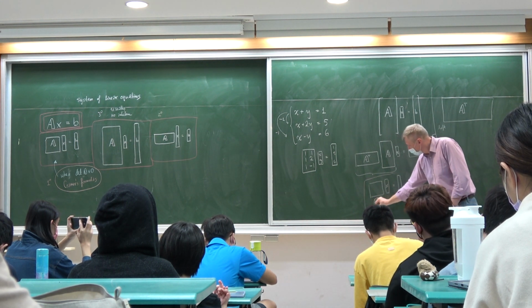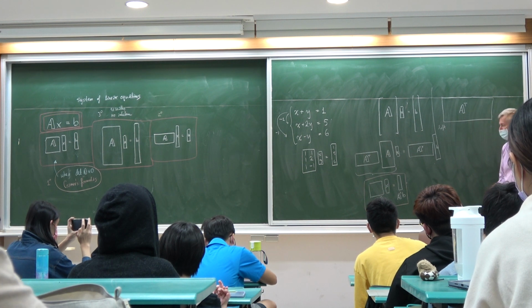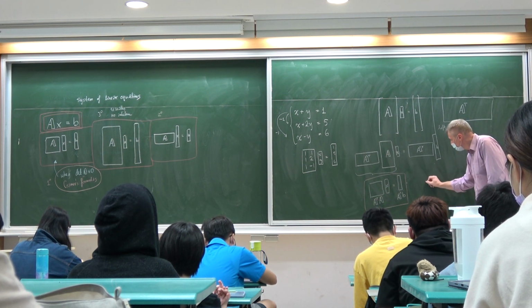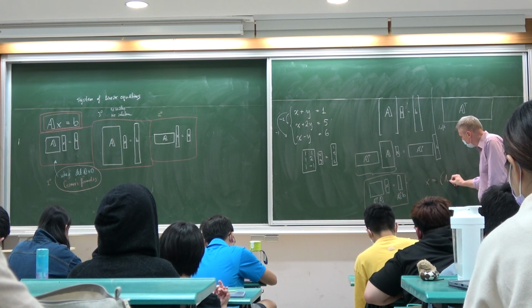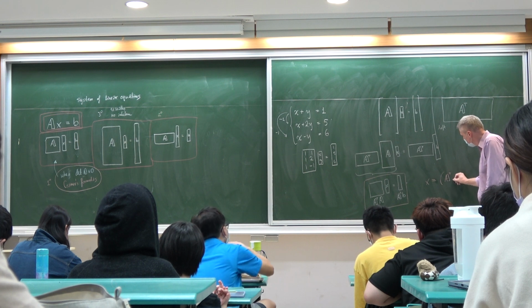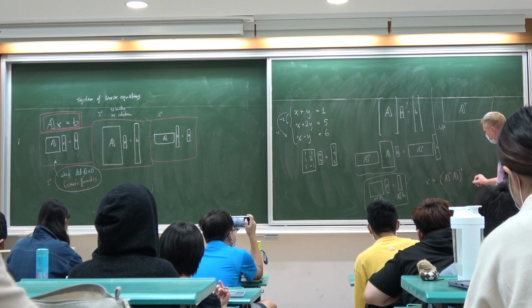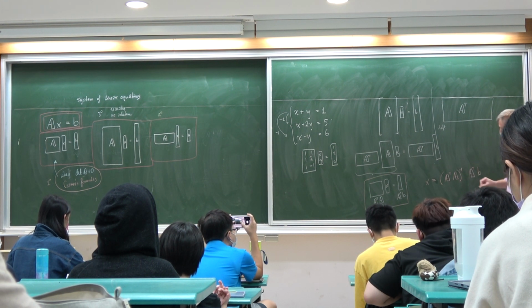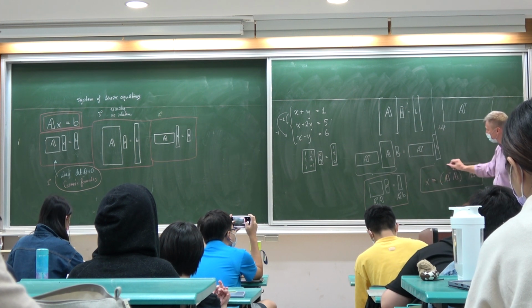Now, by doing that, you get a new problem that you can solve. Solution to that problem is easy. x is simply A^T A inverse multiplied by A^T B. And that solution is called least square solution.